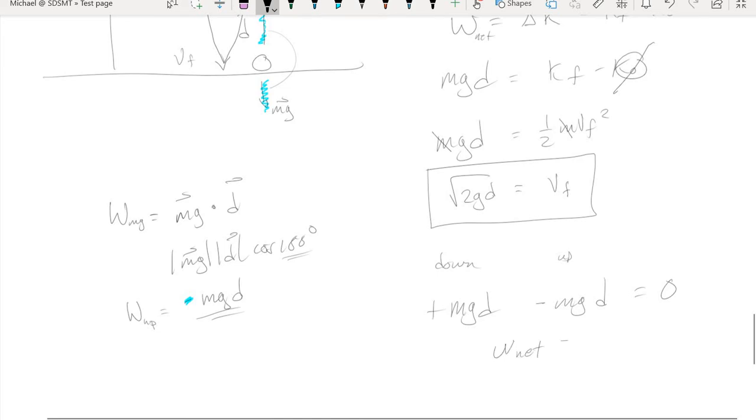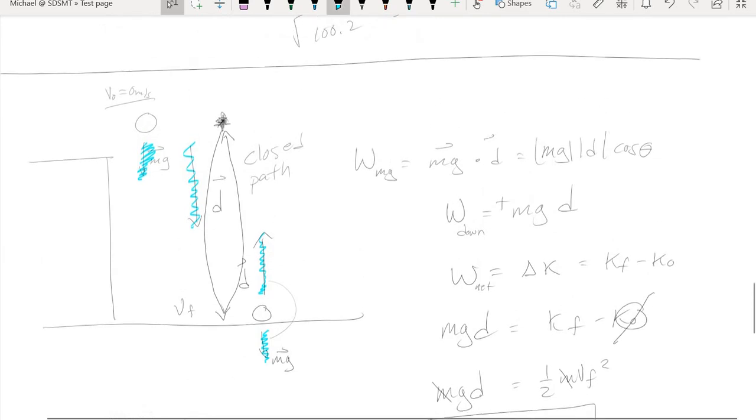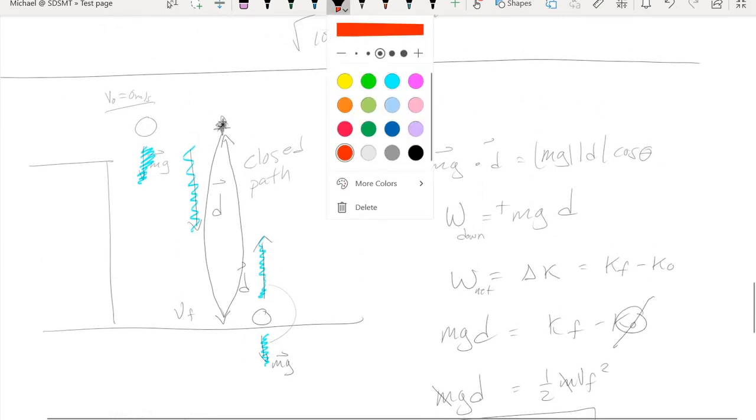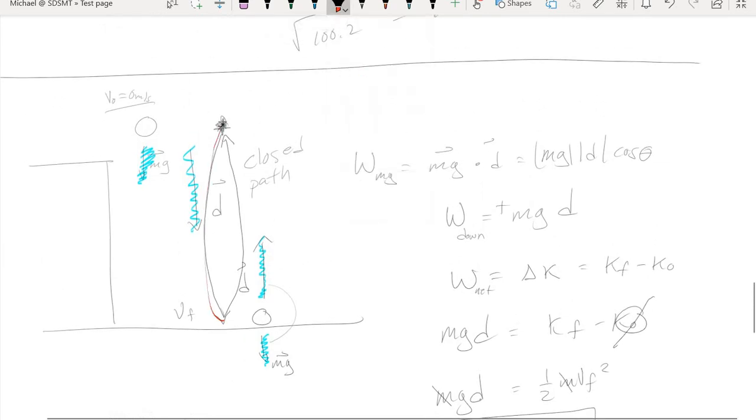This is not to say that gravity didn't do any work. It's just saying that all of the work that was done by gravity throughout the entire journey ended up being 0.